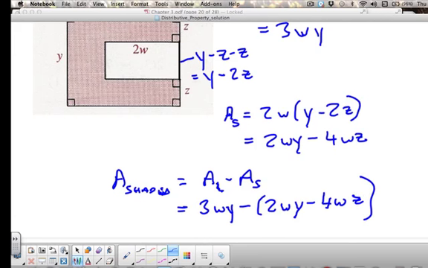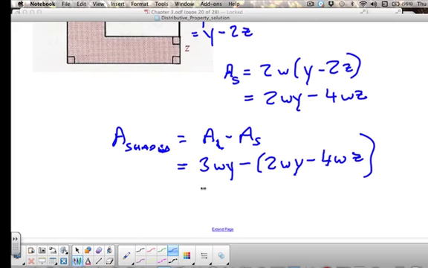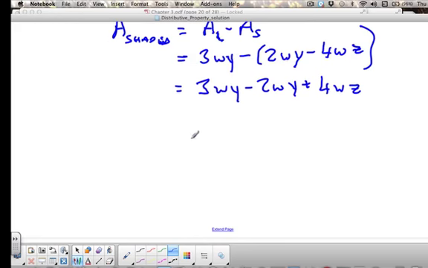Now be careful here, I really should put the expression in brackets. When we take off the bracket, all the signs change. So this is 3wy subtract 2wy, and when you subtract the negative, remember that's the same as adding a positive, because subtraction is the same as adding the opposite. So this is positive 4wz. This simplifies to wy plus 4wz.